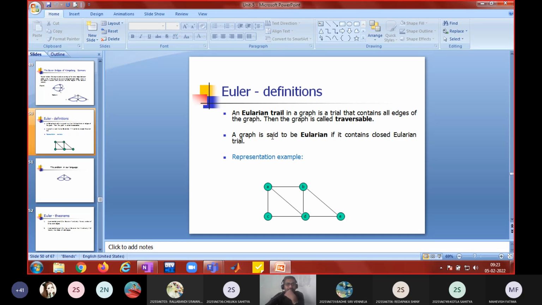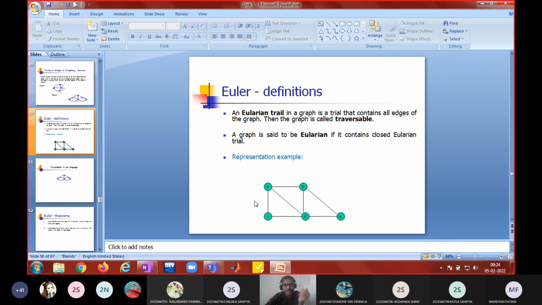First see the definition. What do you mean by Eulerian trail? You know a trail is nothing but a walk in which all the edges are distinct. The edges in the trail need not be all the edges of the graph.